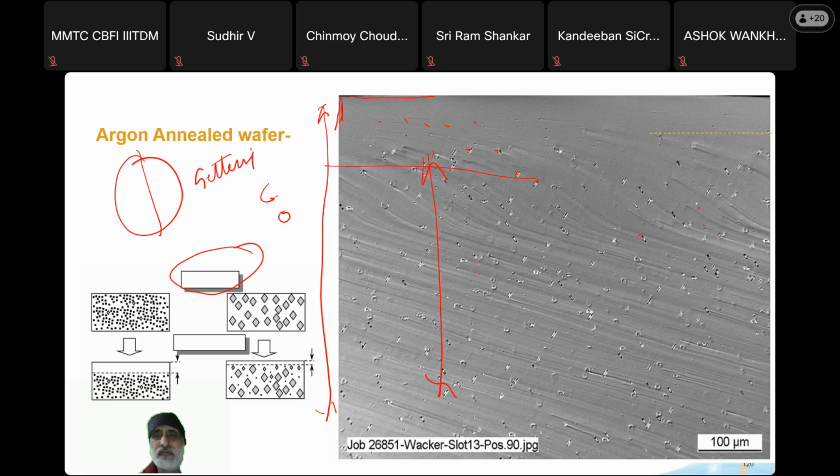You can see the top surface is very clean, and you won't find any dot. Earlier it was like this image, and after gettering you can see there is no impurity atom. That is the meaning of gettering, and it is done under an argon environment.